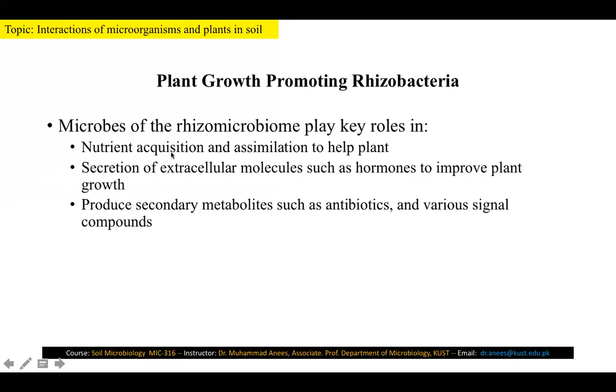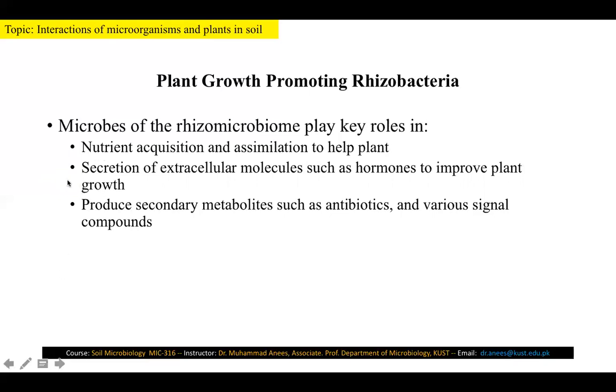It can capture some kind of nutrient that is limiting. Normally that is limiting, but because bacteria is helping, it will quench that particular nutrient, for example, iron, and it will provide this nutrient to the plant in some kind of interaction.